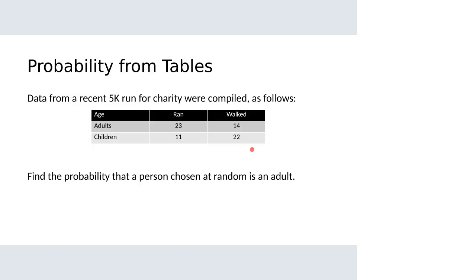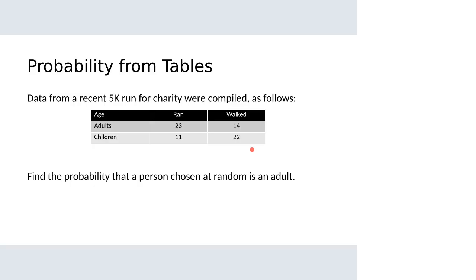Probability from a table. So we might be given a bunch of information in a table and we're supposed to find probability based on that information. Data from a recent 5K run for charity were compiled, and adults and children were involved, and we had some people that ran and some people that walked.